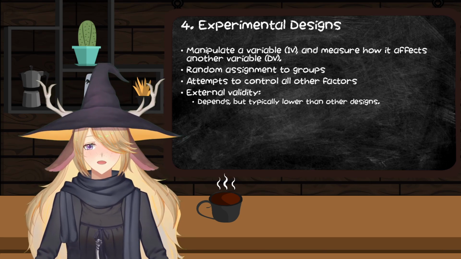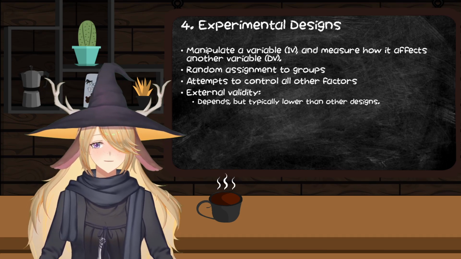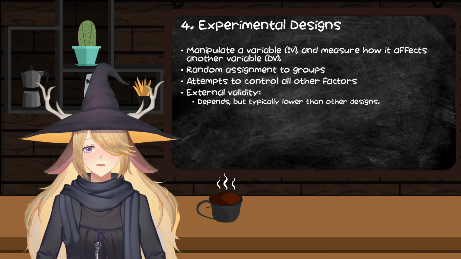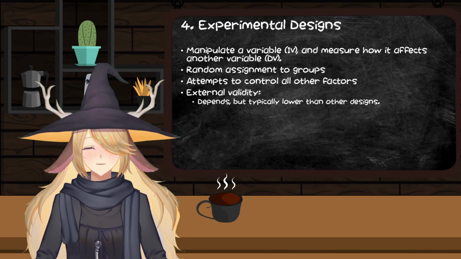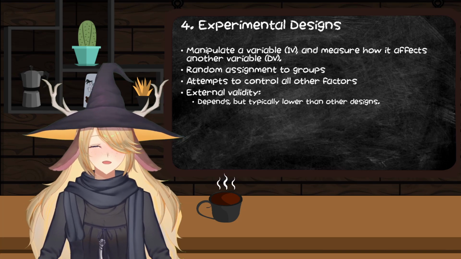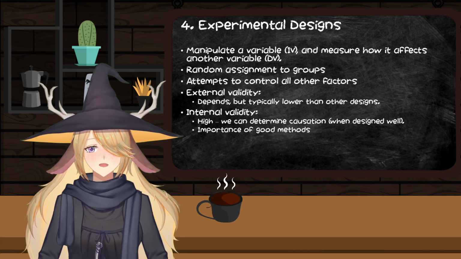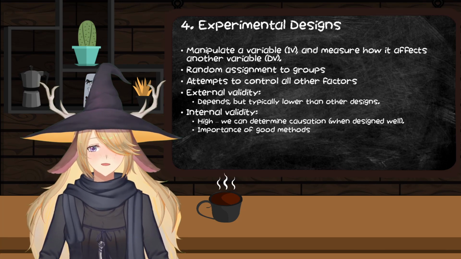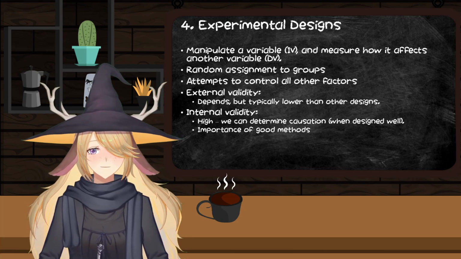So presumably, if someone is trying to show aggression to the person who gave them the feedback, they would put more hot sauce on it. It's a way of trying to manipulate things, but it's such a contrived situation that it really doesn't have any external validity. But it does have high internal validity if the experiment is designed well.